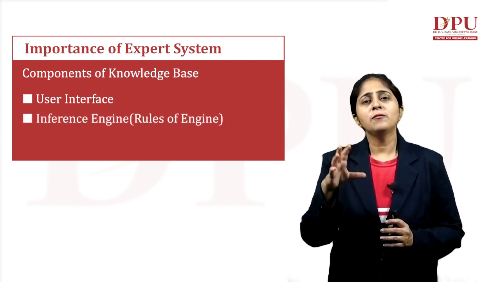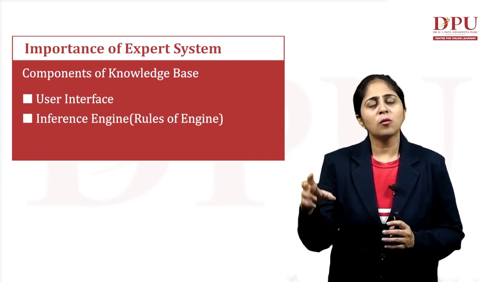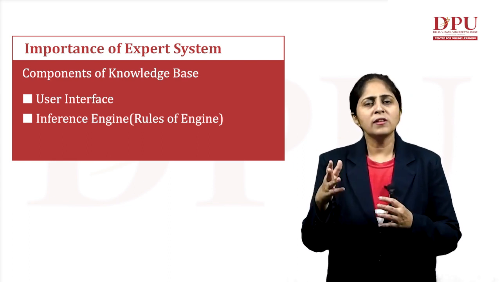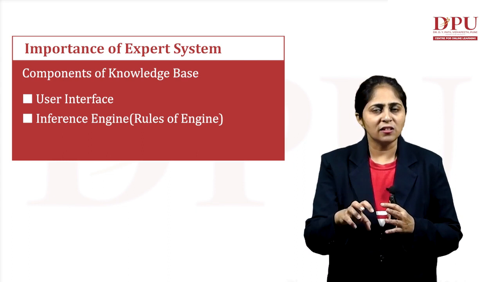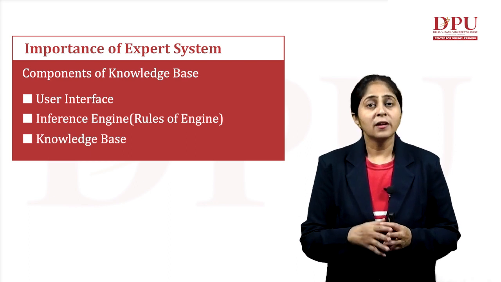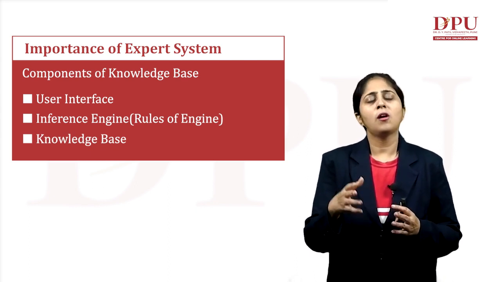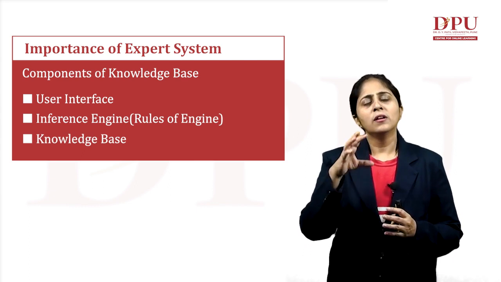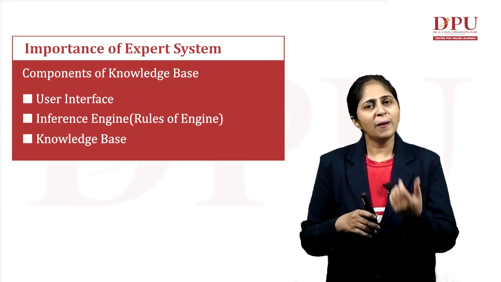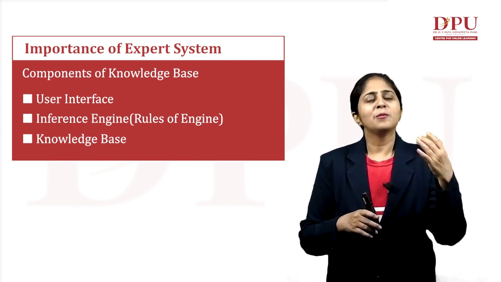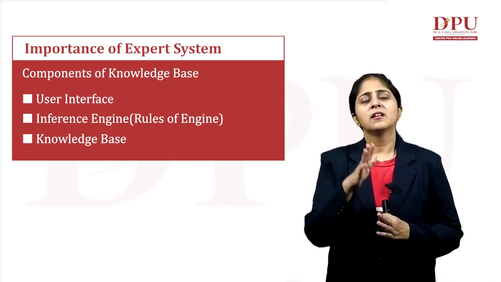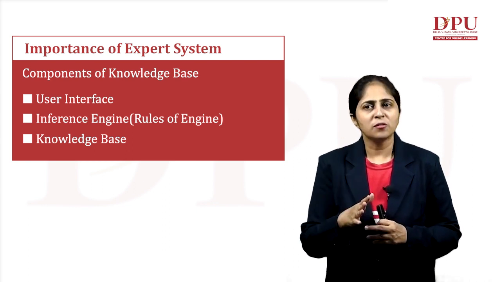Now this inference engine will use the knowledge base, which is the storage of the knowledge, and will apply various rules, and various calculations will be performed using that inference engine and knowledge base. The inference engine will do all the processing work in the form of backward chaining or forward chaining. Then it will provide the result back to the user interface, and it will be provided to the user. So the three components are the user interface, the inference engine, and the knowledge base.